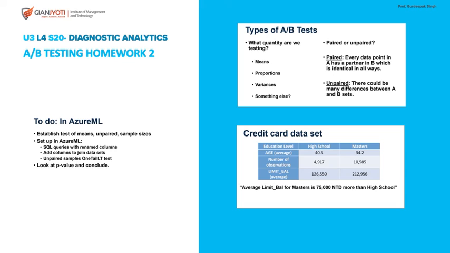So the difference is more than 75,000. That is what we are saying. So whether this is right or wrong, that is the claim, and we do the A/B testing, whether A is right or B is right. You need to build that, and let us see how you do this. That's the homework 2 that you need to do.